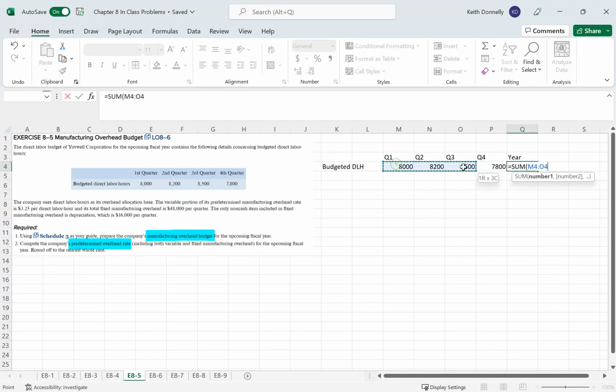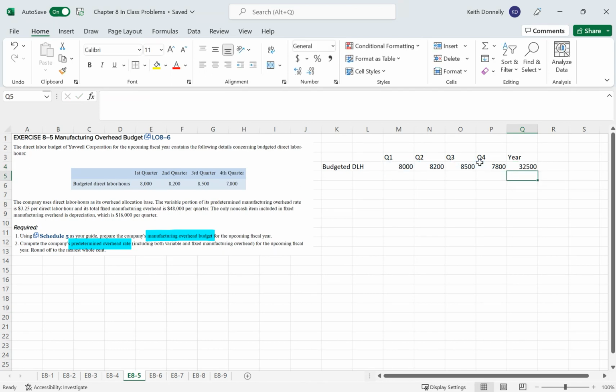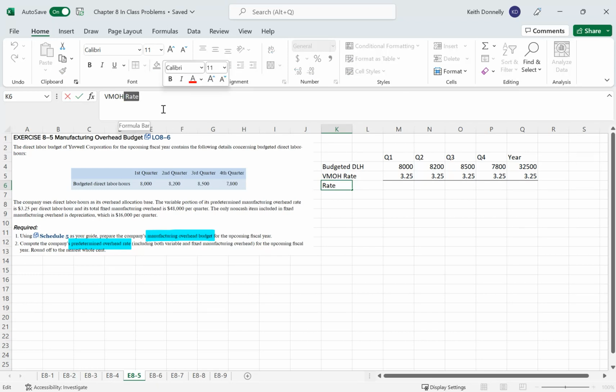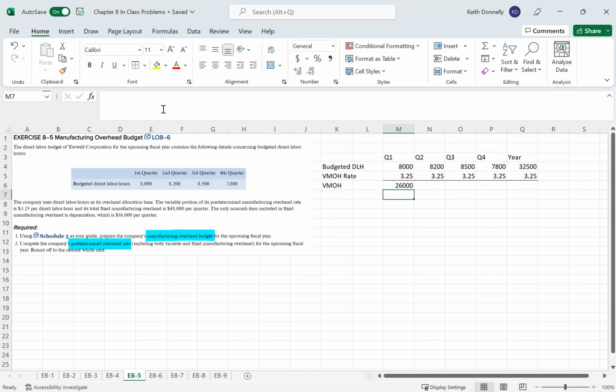For the year, we'll add them up, looking at 32.5. Our variable manufacturing overhead rate in this case is $325 per direct labor hour. Let's do the math on that to get our variable manufacturing overhead. Multiply it. It's like 26,000. Carry the formula across there.